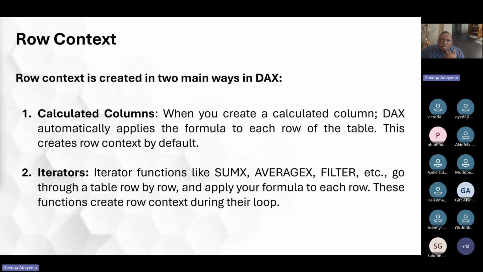Also ADDCOLUMNS, when you are creating a calculated table based on a particular condition from an existing table. We are going to explore all these iterators, and you will see how they bring about row context in DAX.